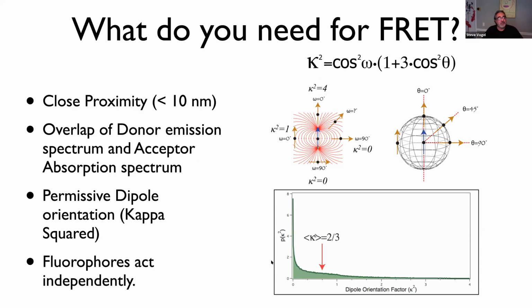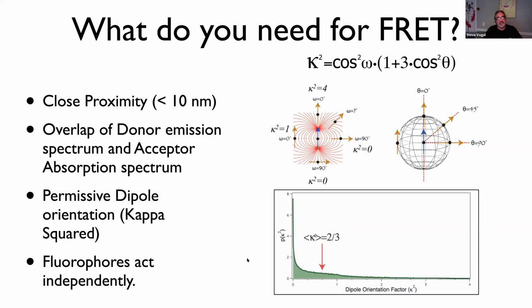This is the probability distribution of kappa squared for an isotropic population. And you can see that you can have kappa squared values ranging from 0 to 4, where 0 is the most likely kappa squared value you'll have, and 4 is the least likely value you have. It turns out, however, that if you want to have good FRET, 4 will give you the best FRET, and 0 will give you no FRET.